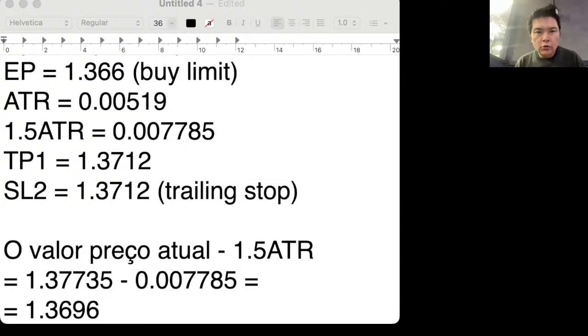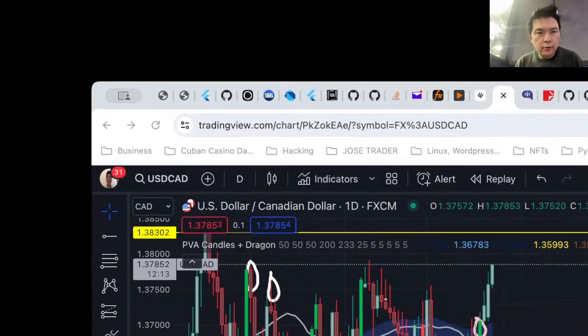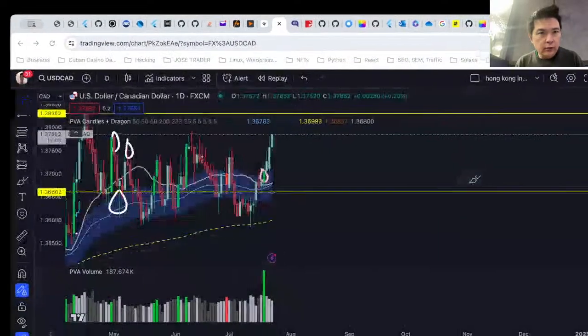Okay, so here, let me just change this. So here's my position. I have to resize this window, so just 1 second.